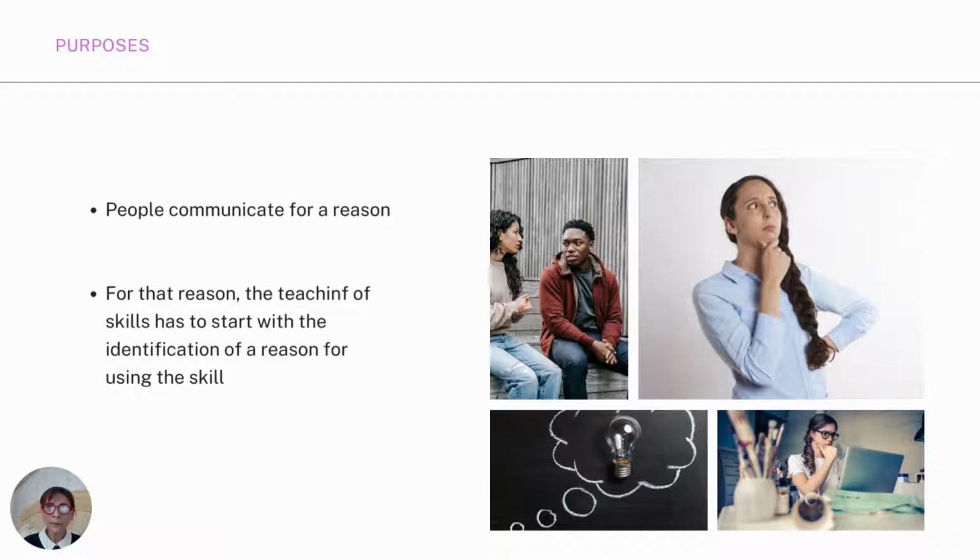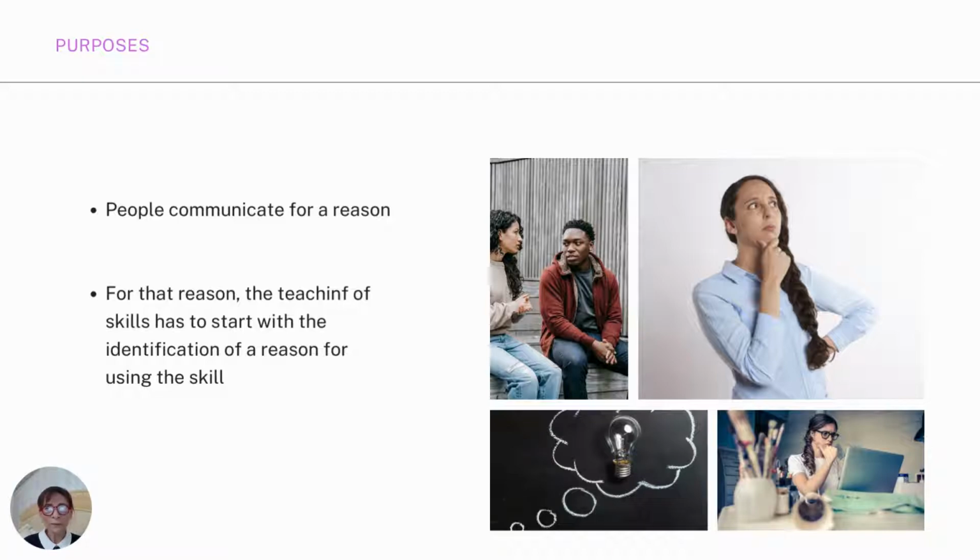Another example is when a person speaks, that person has the purpose to speak. When a person speaks, he or she can share information. The same occurs with reading and writing. A person has different reasons to do something.